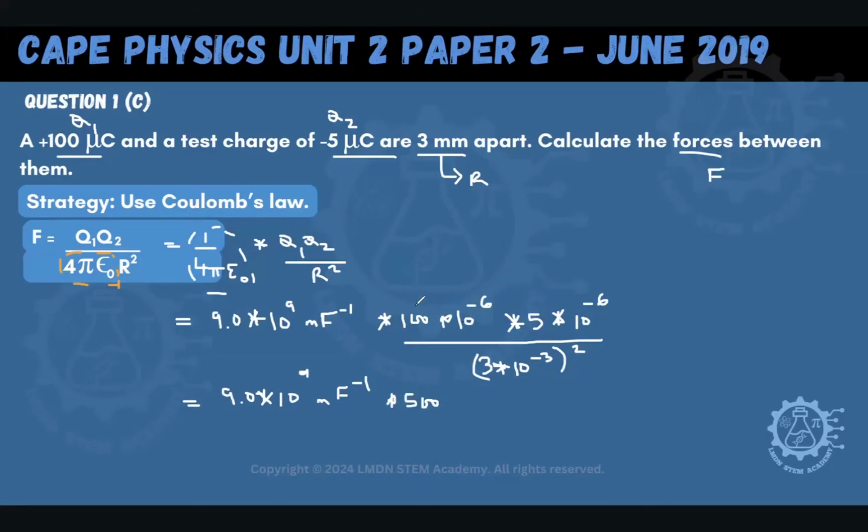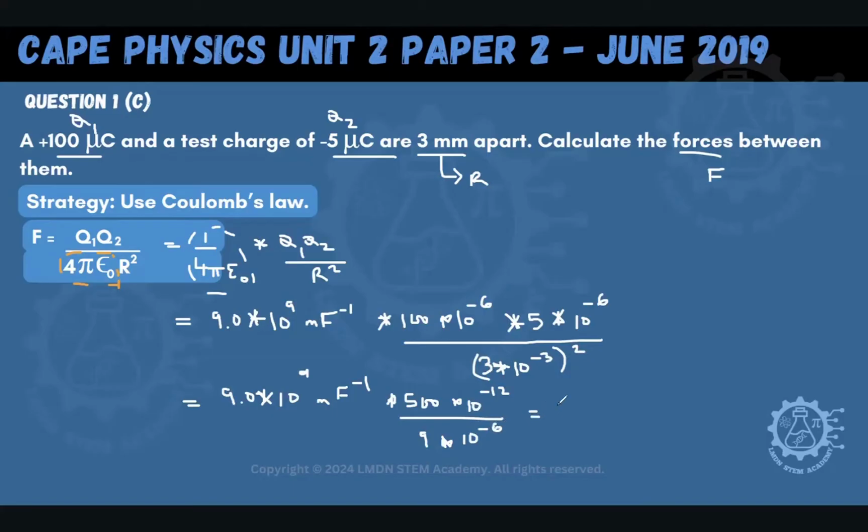When I multiply the whole numbers there, when I multiply these indices portion, I will get 10 to the -12 up top, and then on the bottom now, I would have had 3 squared would have been 9, and then 10 to the -3 squared would have been 10 to the -6.